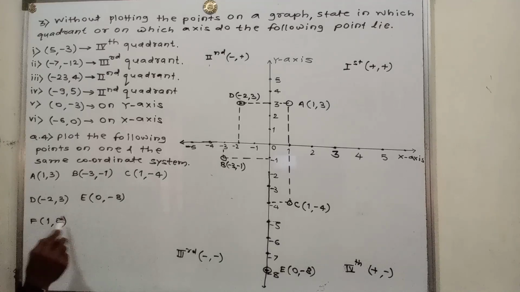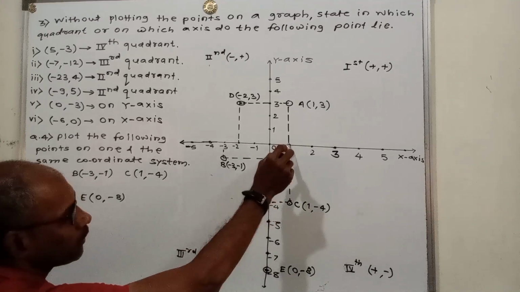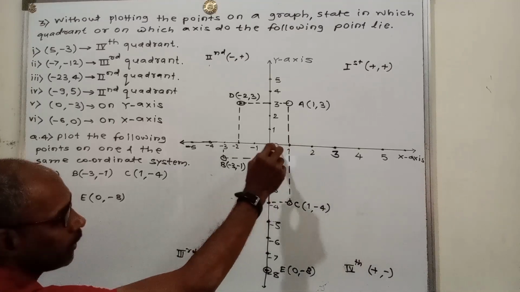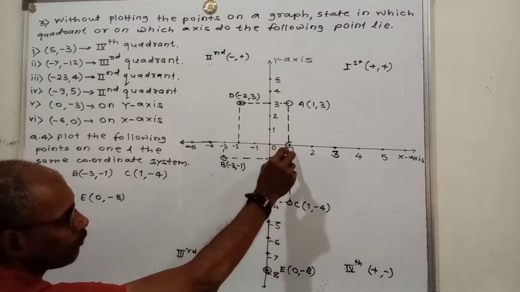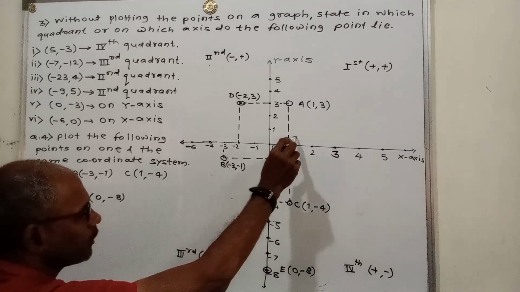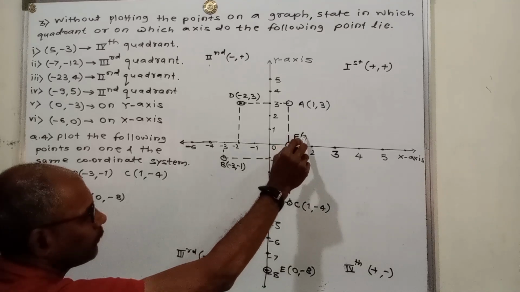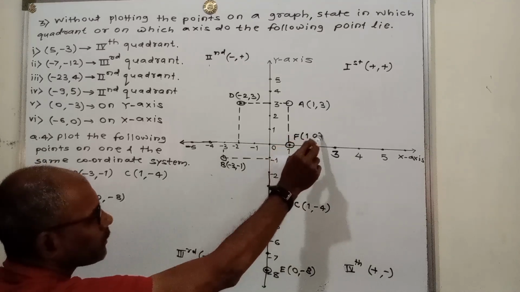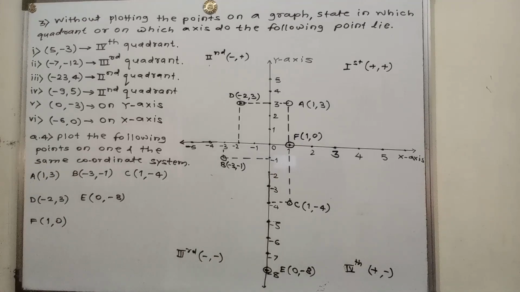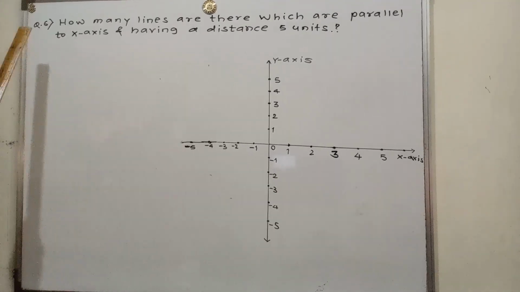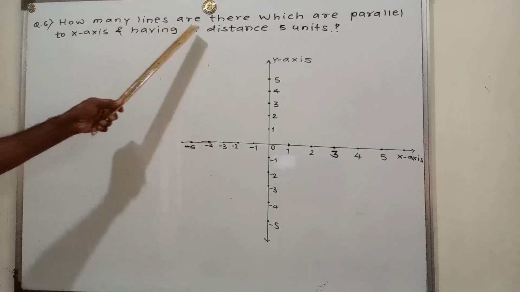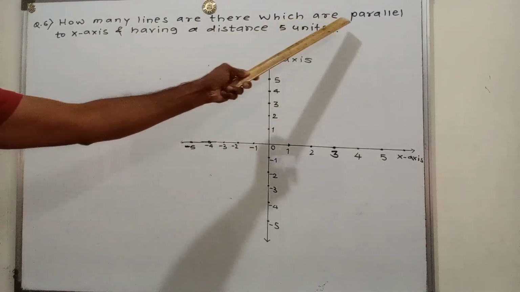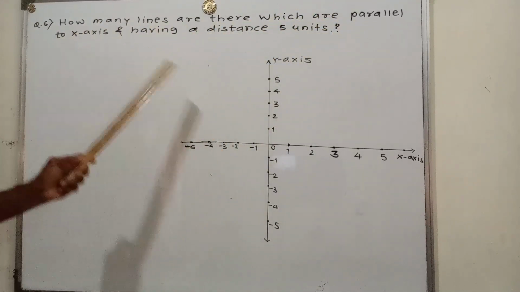F 1, 0, 1 x coordinate and 0 y coordinate. Therefore this is on the x axis. This is the figure. Question number 6. How many lines are there which are parallel to x axis?